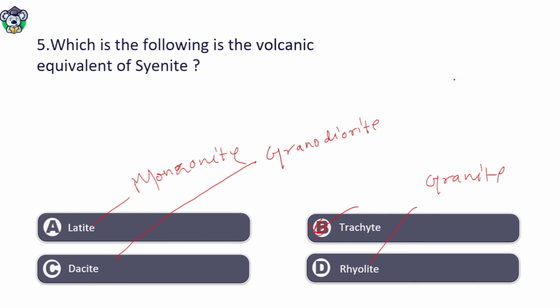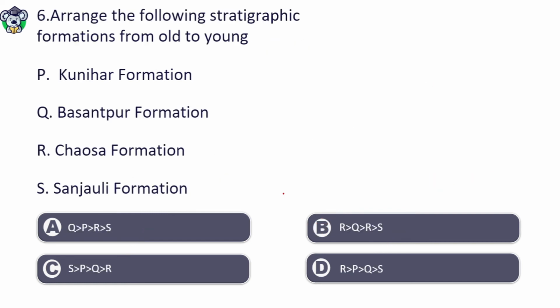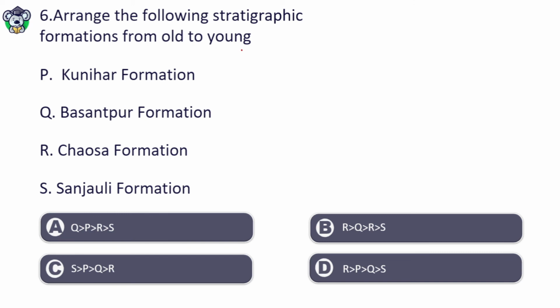This question comes from the QAPF diagram, you have to remember this. Question number 6. Arrange the following stratigraphic formations from old to young, which belong to Shimla group.